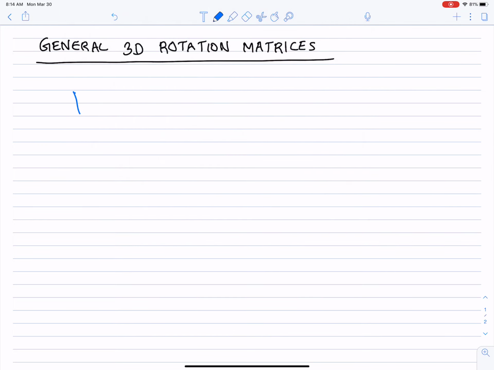Let's say we have some reference frame, 0, like so, and we have a new reference frame like so, that's oriented in some non-simple way.